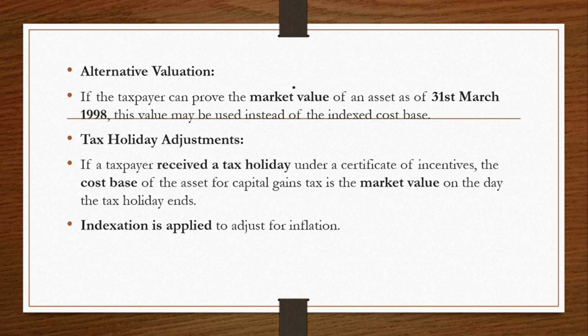So the market value will be determined in 2020 when that tax holiday has expired. They will not consider the original construction cost, but they will consider the market value when the tax holiday expires.